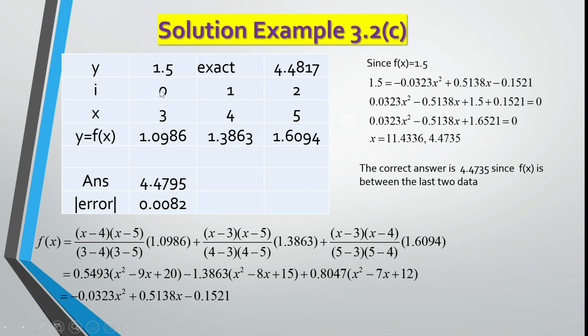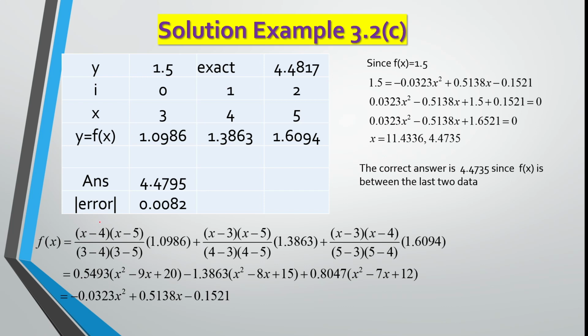This is your f(x), with 3, 4, 5. What you need to do is plug all the x naught, x1, x2 into the Lagrange interpolation formula.